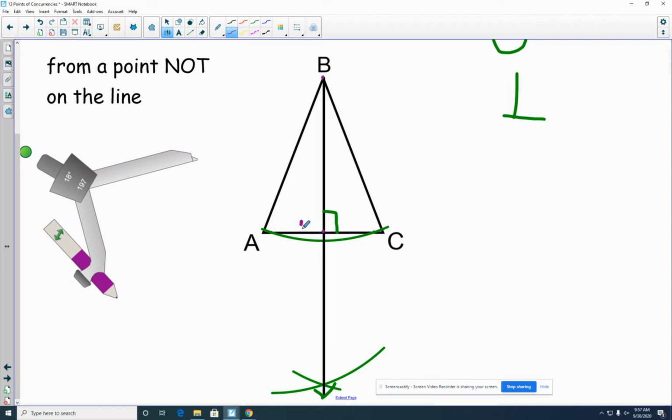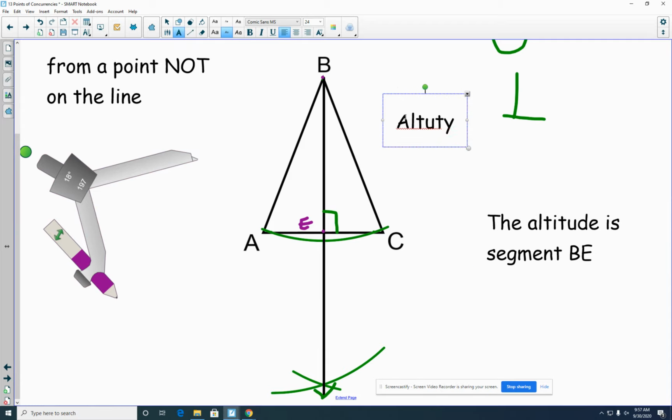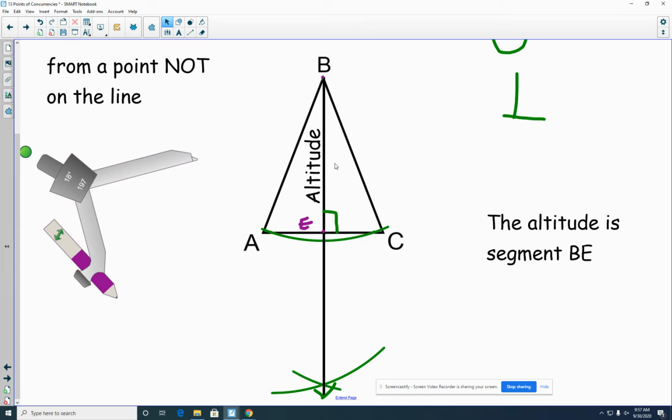I'm going to label this point, point E. So the altitude is segment BC. So right here, this is the altitude. So this is your altitude right here from B to E.